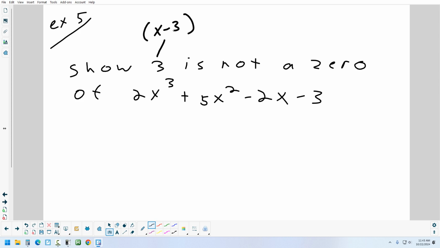What would the 3 have come from? It would have come from an x minus 3. To show that x minus 3 is not a factor, I'm going to do division, and I'm going to hope there's a remainder. Okay, so let's do the division, but we'll do it the quick way.